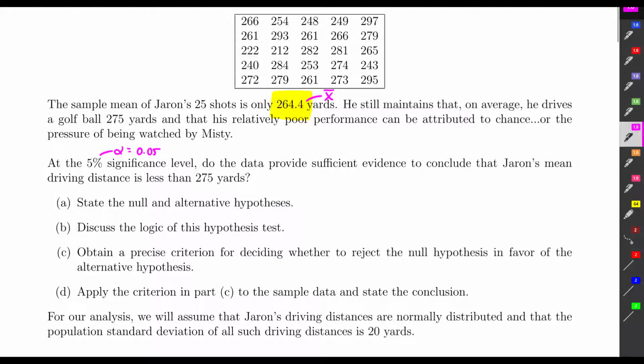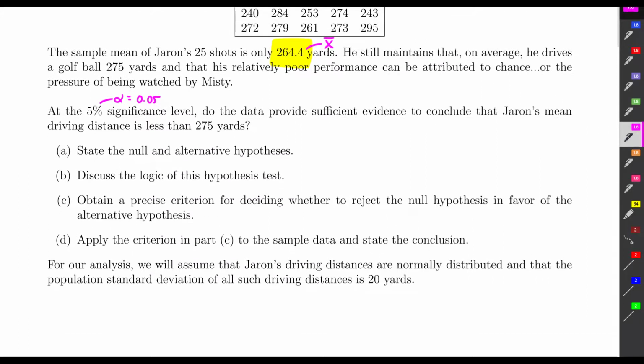That is going to be part A, where we state the null and alternative hypotheses. The null hypothesis is Jaron's claim, that mu is equal to 275 yards. And remember, please, if you're given units, use your units in your answers.